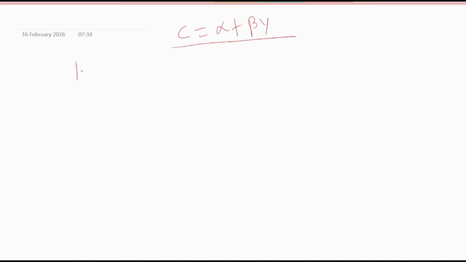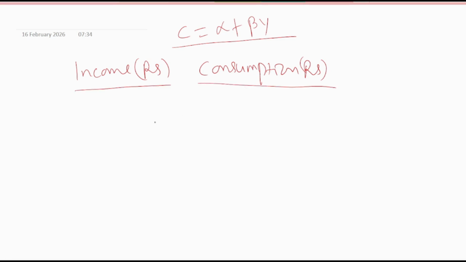Suppose here income in rupees and consumption in rupees. Suppose this data is for an individual, suppose individual A. Individual A's income, suppose initially it was 0, and then it increased to 1000, then it increased to 2000, again to 3000.